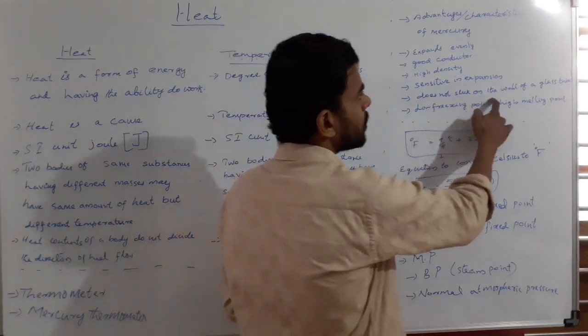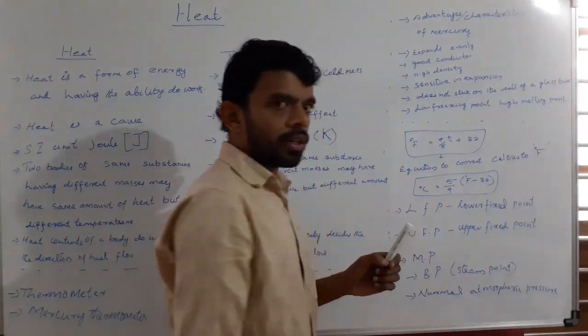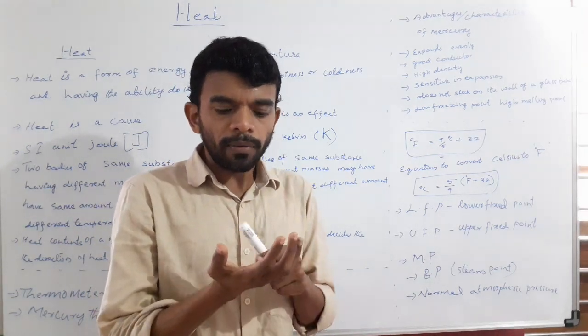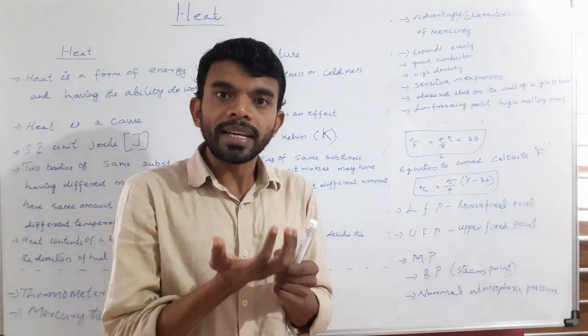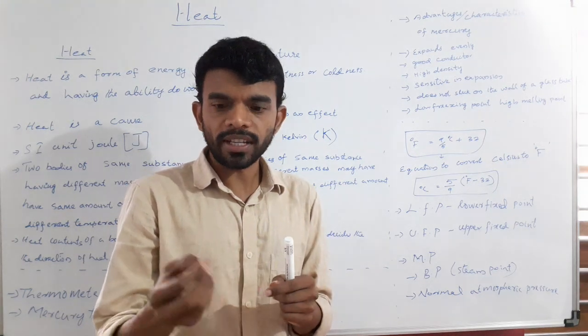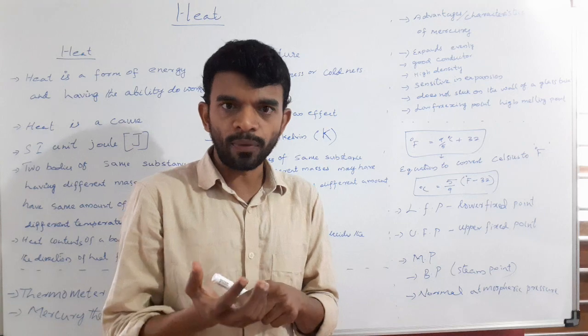Does not stick to the wall of the glass tube. Even if we take mercury in our hand, the hand will not get wet due to mercury, as it does when we touch water. If you touch water, the hand will get wet.